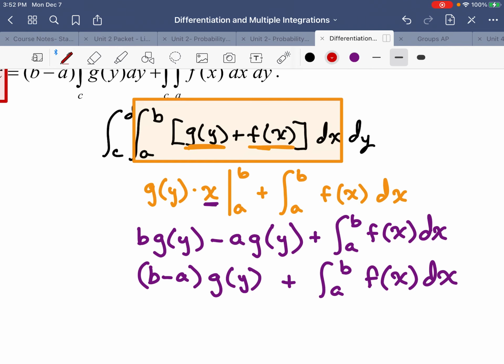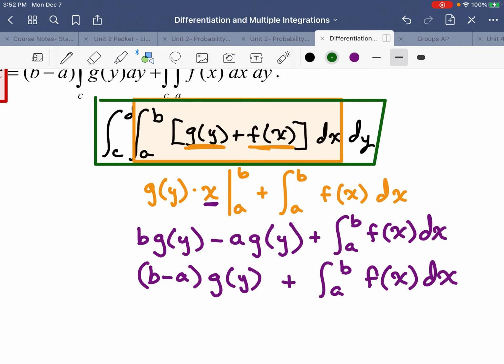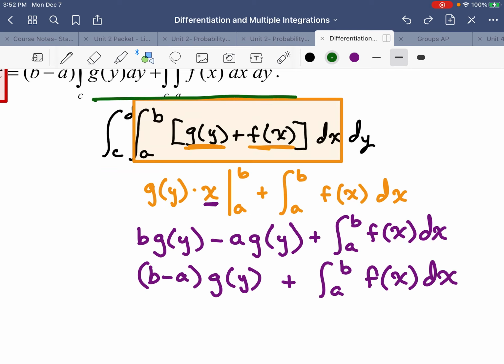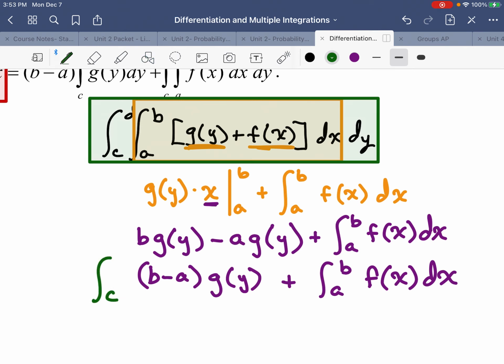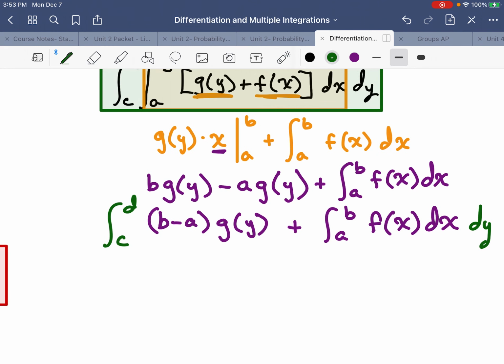And now I can apply the next iteration, which really just means that we're integrating over the interval of c to d, dy. So we're looking at these two pieces separately.